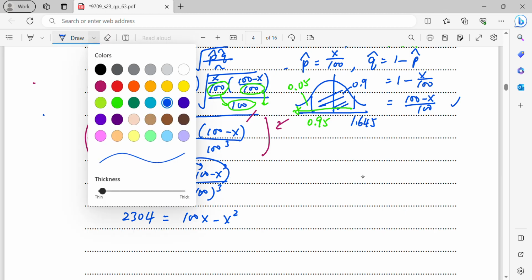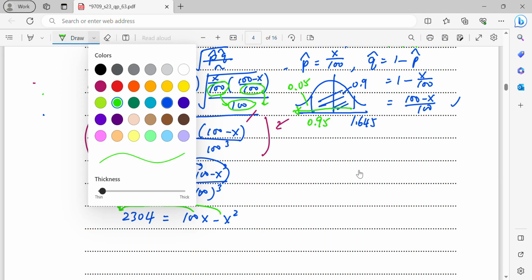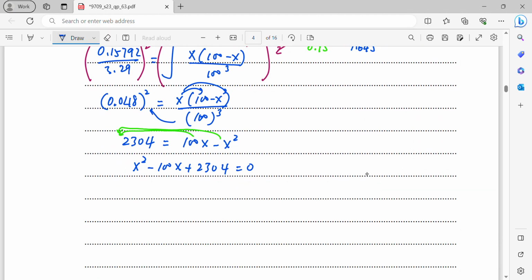So it means that I will move all the terms to the right side because I want to get the positive x squared. So from here you will get x squared minus 100x plus 2304 equals to 0. And then this quadratic equation can be factorized into two linear factors.